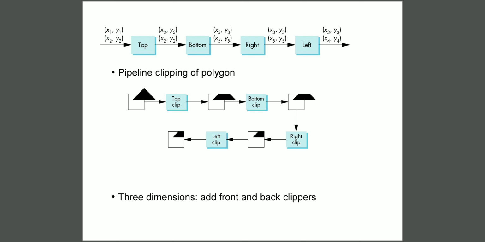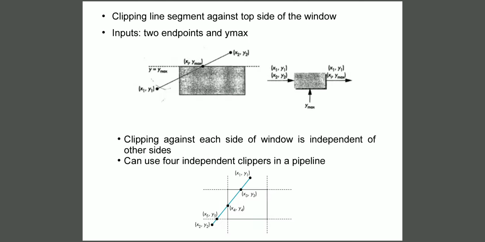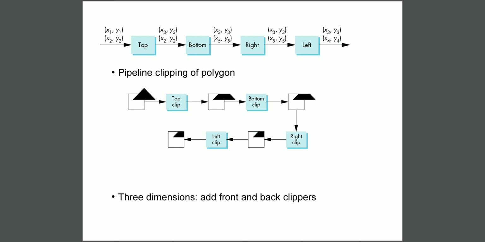Now this output is given as an input to the left side clipper, and we observe the line segment is going beyond the left side of the output window, that is, beyond the x minimum value. So it will calculate an intersection point called x4 y4. The line segment between x4 y4 and x5 y5 needs to be removed, so the final output of the left side clipper will be x3 y3 and x4 y4.